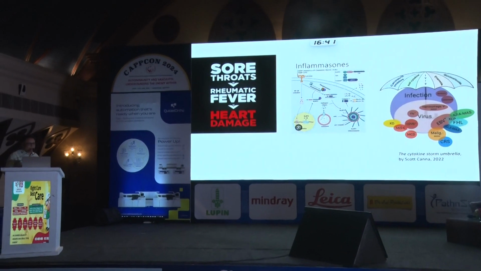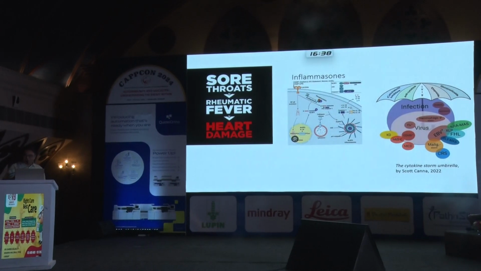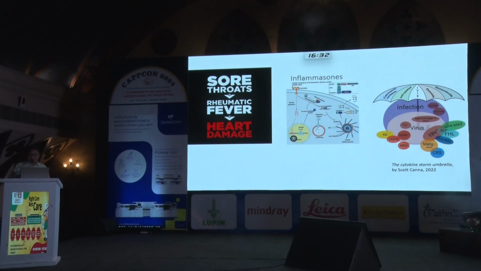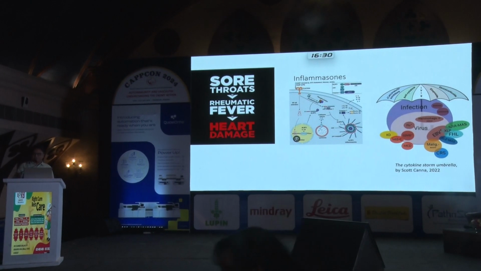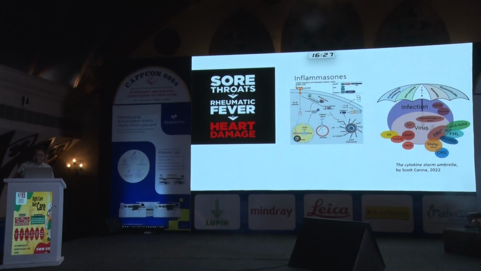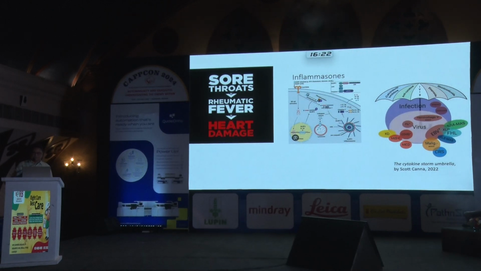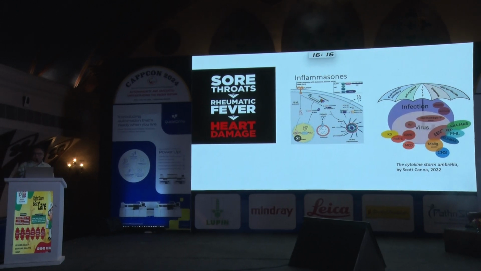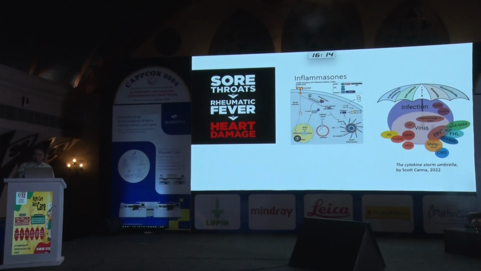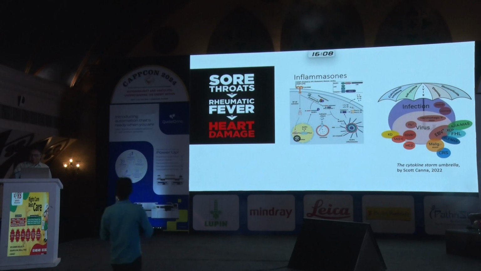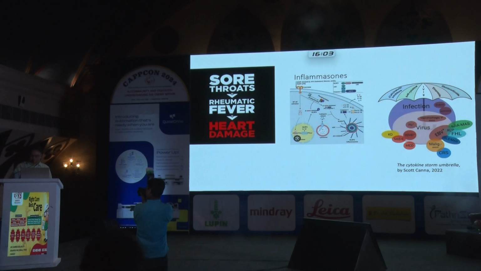Over the next 15 minutes or so, we'll have a sneak view at the fascinating world of pediatric autoimmune diseases, starting with the father of all rheumatic diseases, that is rheumatic fever. We will bypass the developing world of inflammasomes and the autoinflammatory fevers, and finally we will have a look at the very interesting world of cytokine storm syndromes.